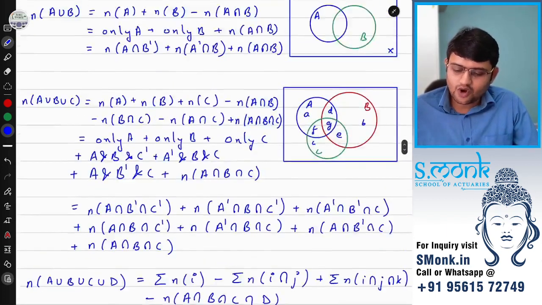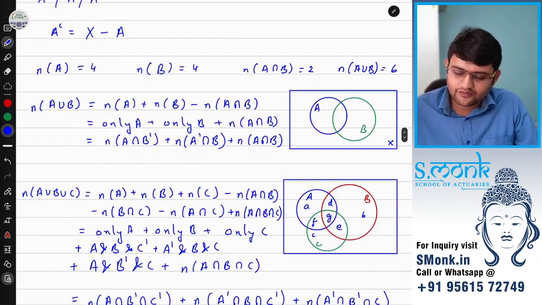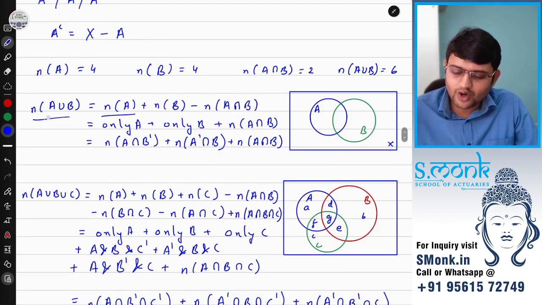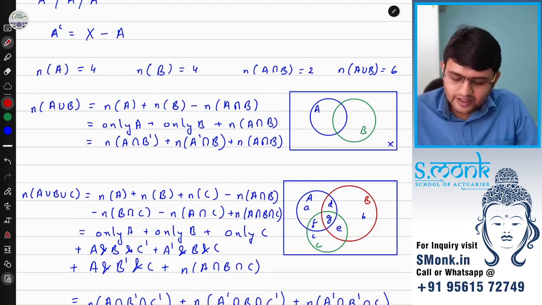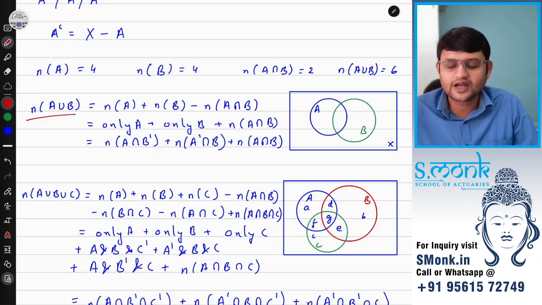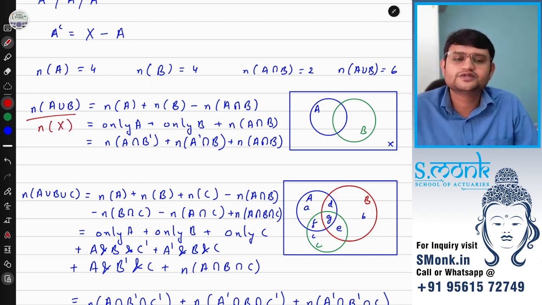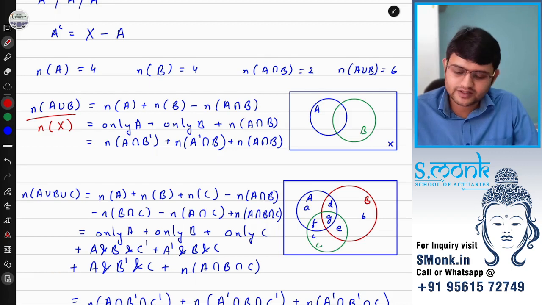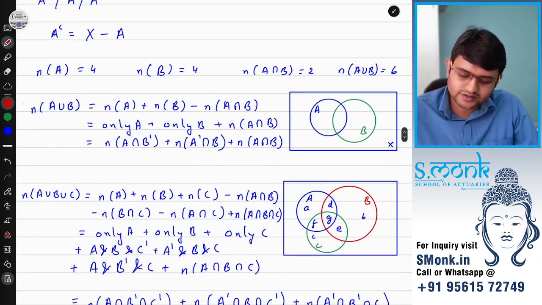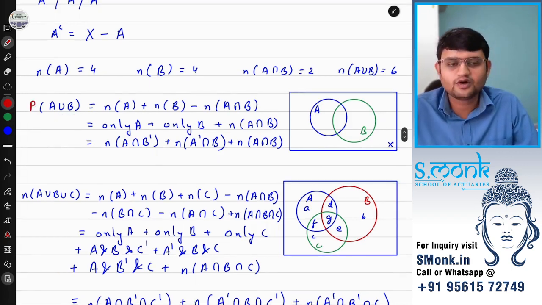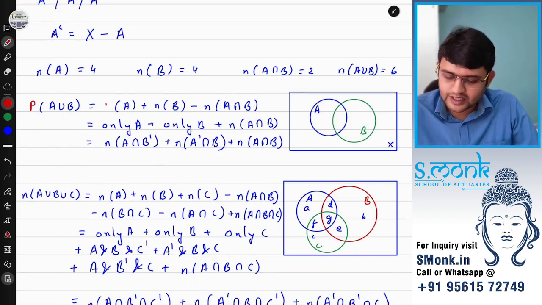Now what happens is all the formulas that we made for number of elements can be easily translated to probability by dividing both the left hand side and right hand side by the number of elements in the universal set. If I divide by this, I get probability of A union B. Similarly, here I'll have probability, here I'll have probability.